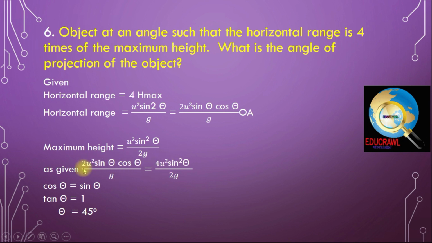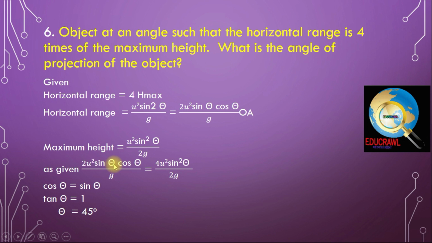So u square you can cancel. 2 also you can cancel. The 2 in the LHS will be cancelled with the 4 in the RHS and it becomes 2. In the RHS again numerator we have got 2, denominator 2 is there. So all the numerals are cancelled along with u square and g.